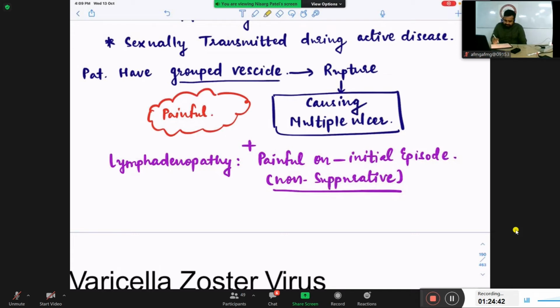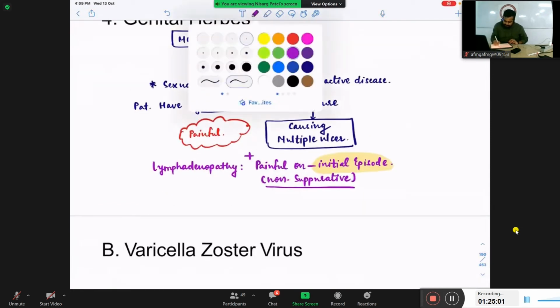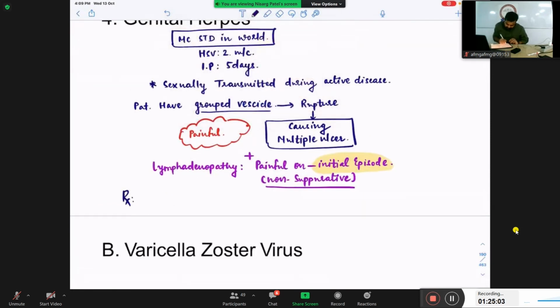This disease will remain for years and years. So in the initial episodes, during the first 2-3 years, the lymphadenopathy can be painful, but later because of the recurrent infection, it will be painless. So what is the treatment? Treatment is acyclovir.